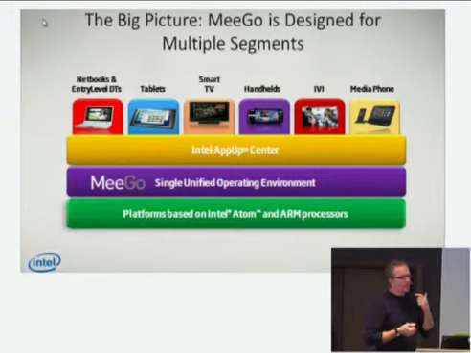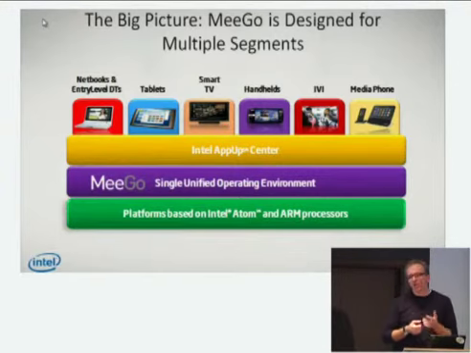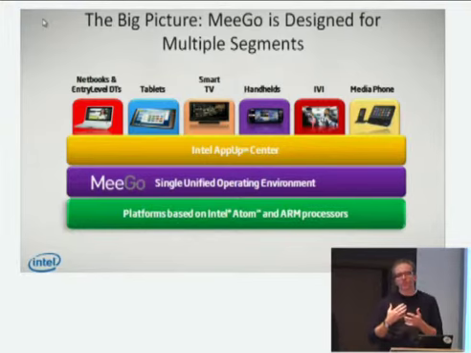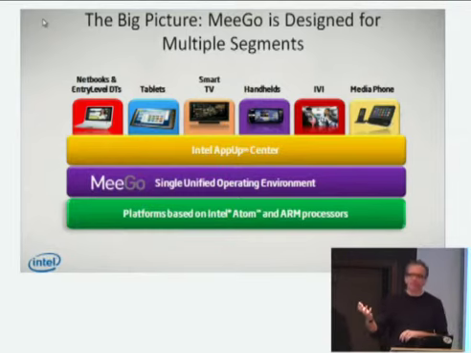But if you look at the kind of applications, the kind of use cases on the TV, it's actually very similar to the things you would want to do on a tablet or on a phone, or interestingly enough, on your in-vehicle infotainment system, so in your car.